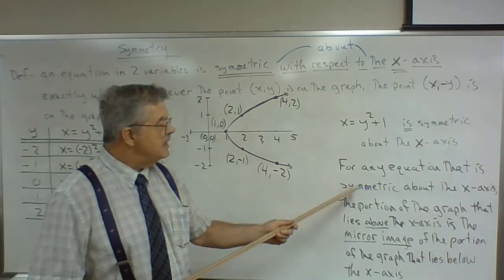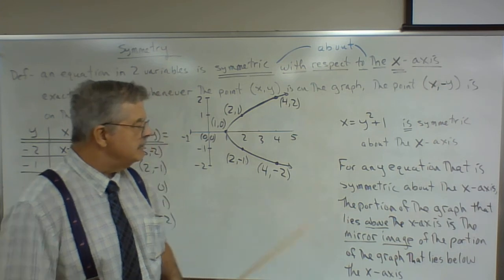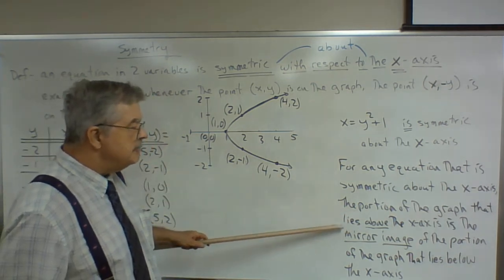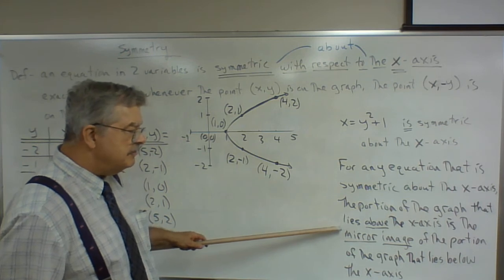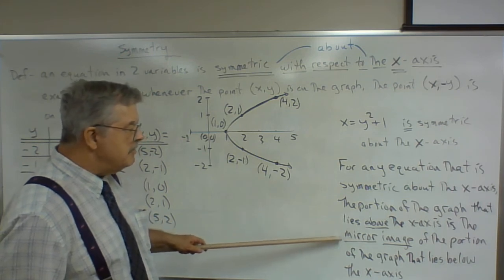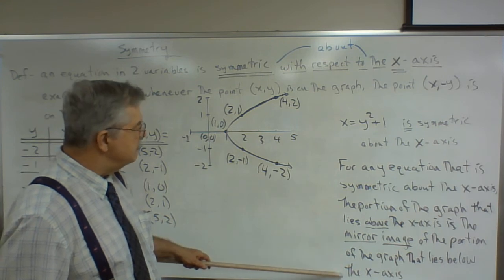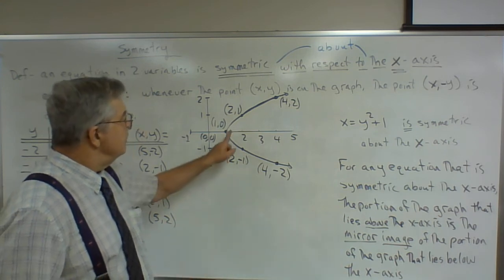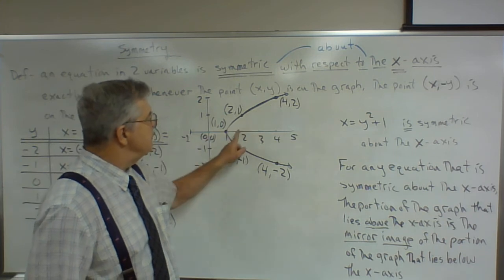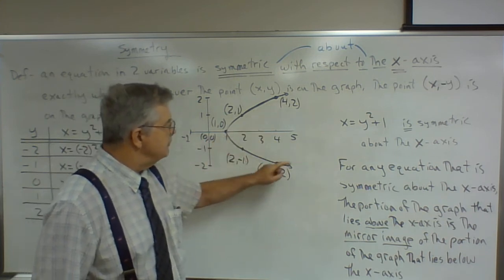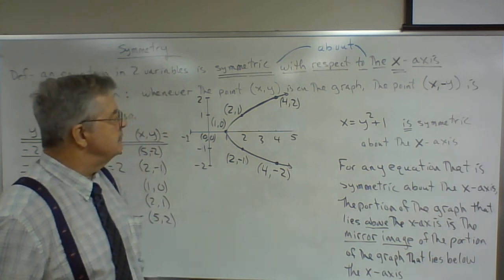For any equation that's symmetric about the x-axis, the portion of the graph that lies above the x-axis is the mirror image of the graph that lies below the x-axis. This portion of the graph above the x-axis is the mirror image of the portion that lies below the x-axis.